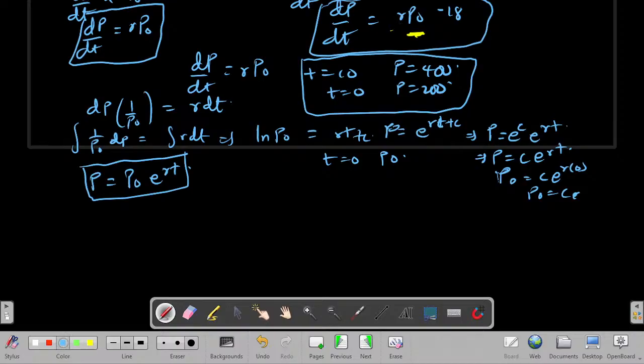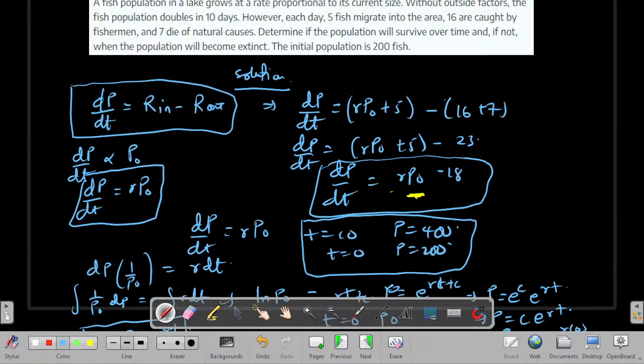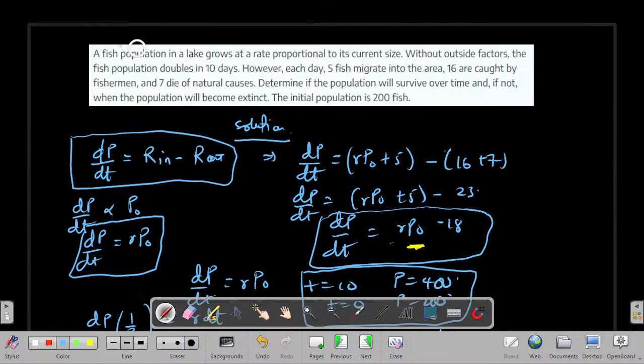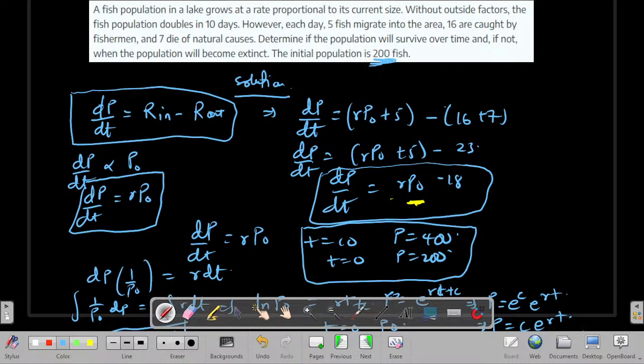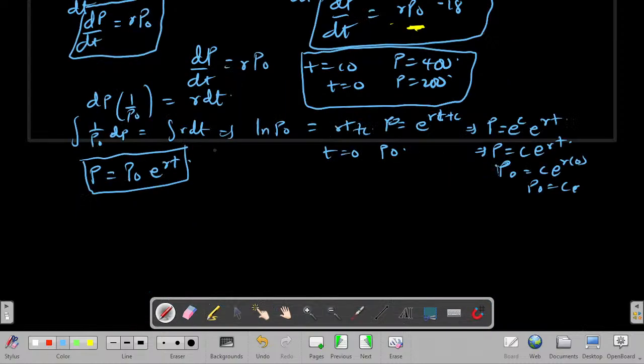So now let's find R here. We can use the conditions attached to our problem. So let's go back to the problem and check. It says that the fish population in a lake, without outside factors, doubles in 10 days. Since the initial population of the fish as written in the question is 200, after 10 days I'm going to have 400 fish in this population.